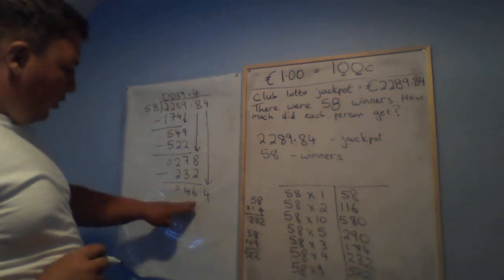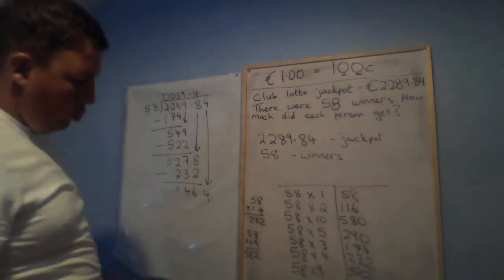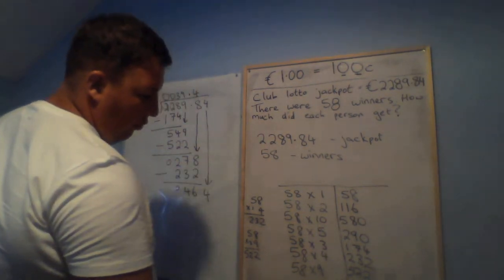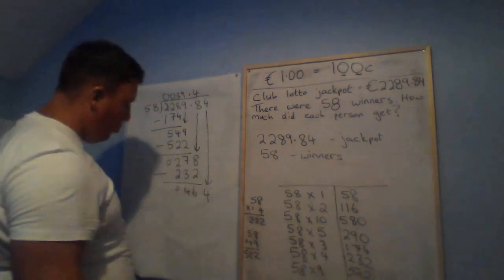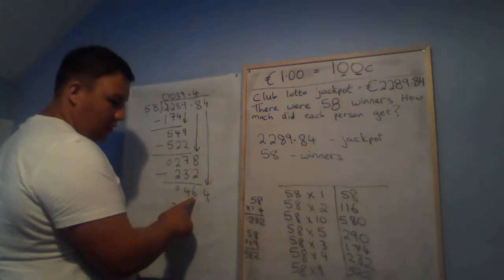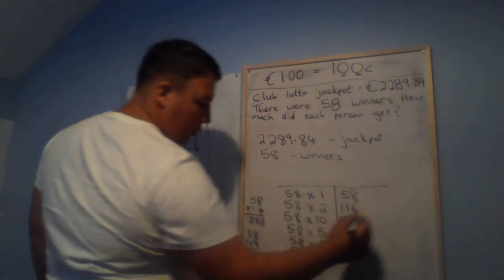Then 58 into 464. 9 times is this... 8 times, so I have 7, 5, 6, 4. They're about 50 to 60 away from each other, so I'll guess 8 times and see.